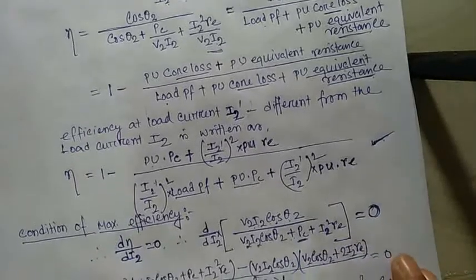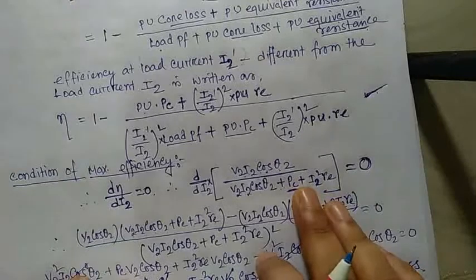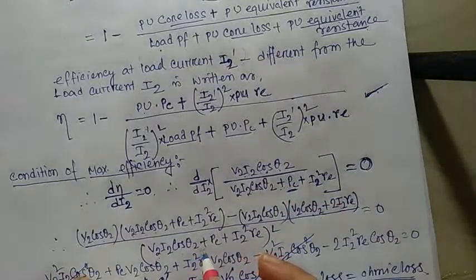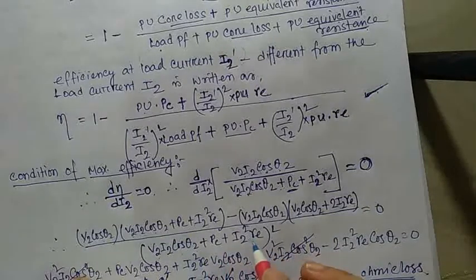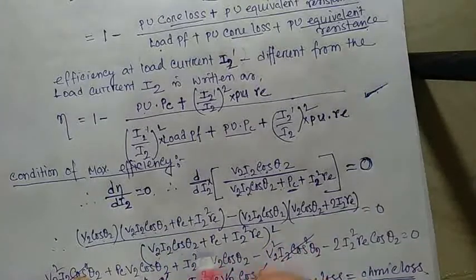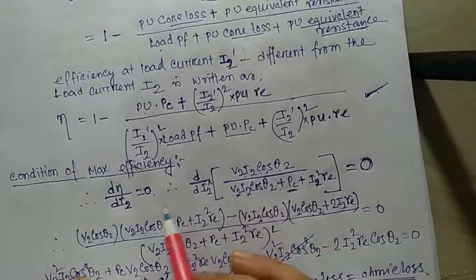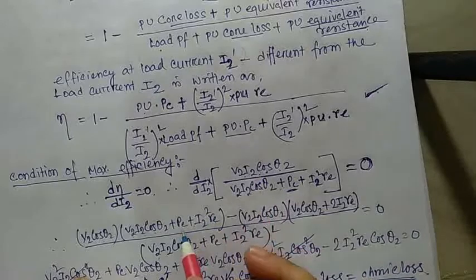Now simply we differentiate this equation: the denominator, V2 I2 cos theta 2 plus PC plus I2 square RE, whole square, and the first part derivative, second part unchanged.